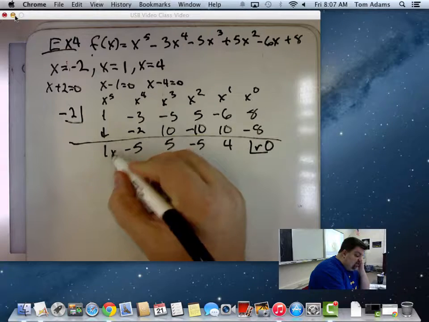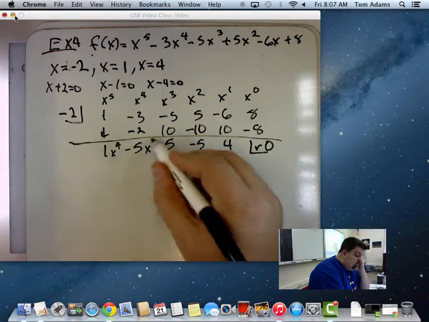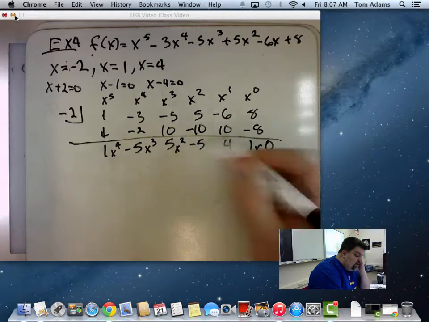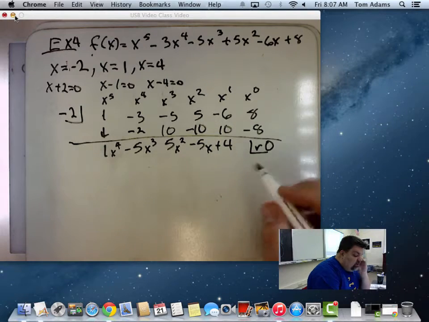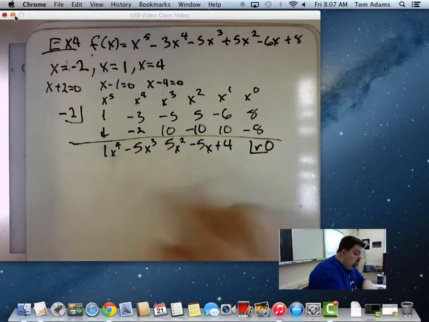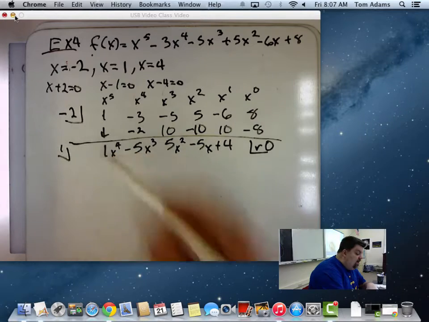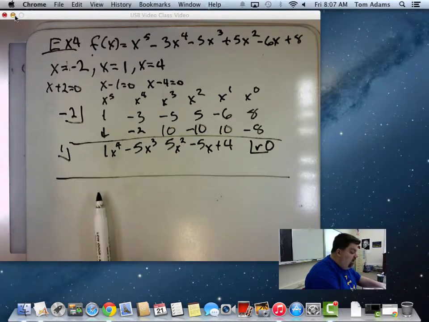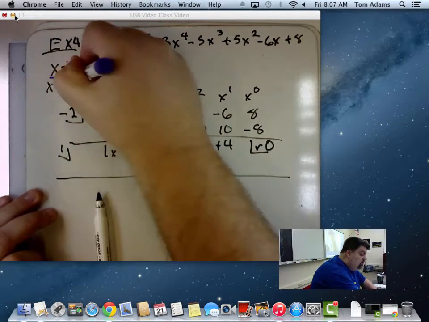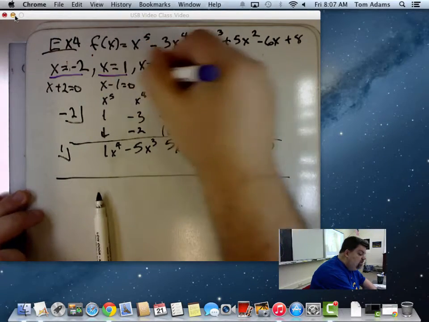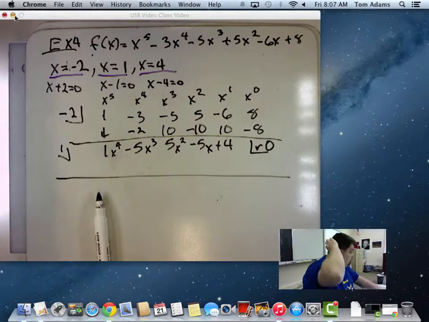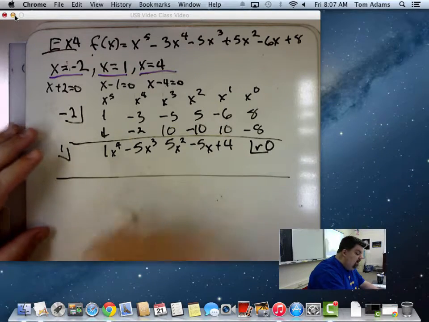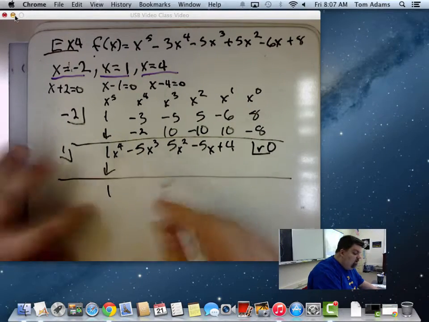Now remember, this is x to the 4th now, x cubed, x squared, and x, and then the constant. So now I want to see if 1 goes into this. I'm just going to go through one by one; this is definitely a factor, and then I'm going to check this and check that to see if there's solutions, okay? So I drop the 1 down. 1 times 1 is 1.